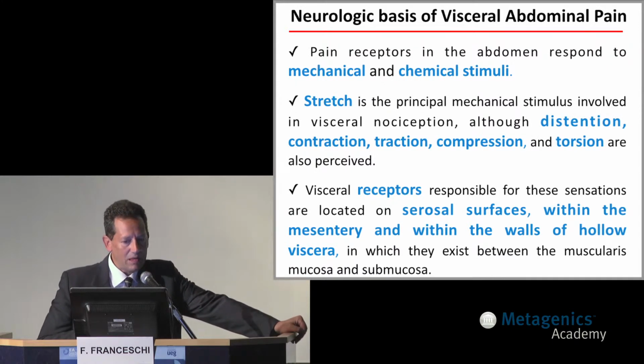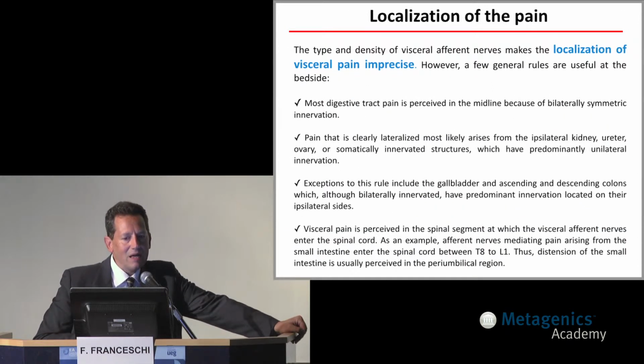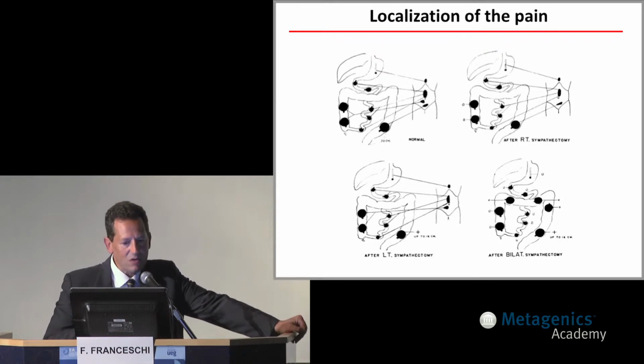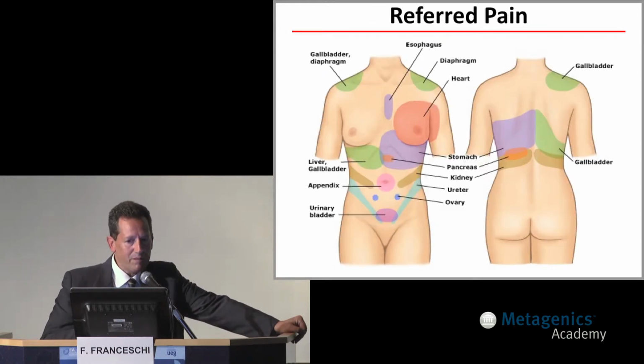Considering visceral pain, we have several conditions able to cause pain: mechanical, chemical, stretch, contraction, traction. And even the localization of the pain is very imprecise. As you can see here, it's sometimes very difficult, just visiting a patient, to understand where the cause of pain is.